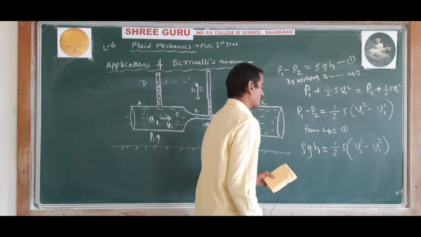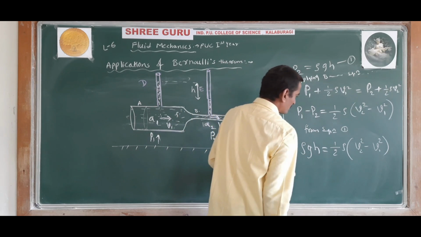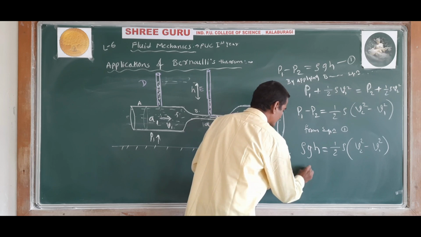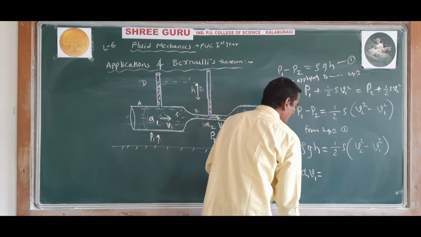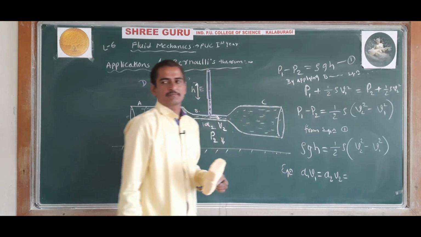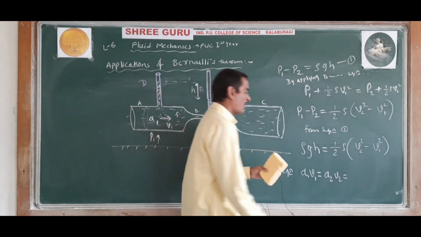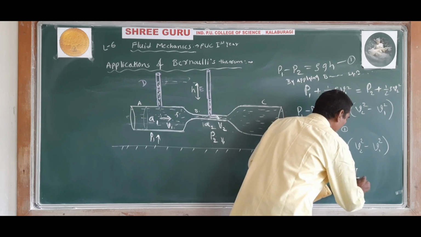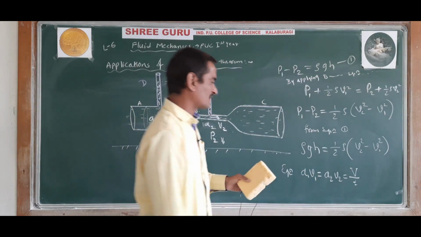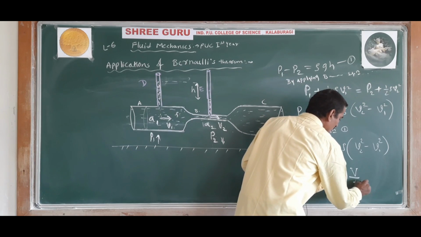Understood? So now further, we know the equation of continuity, which I told you yesterday: A1 V1 is equal to A2 V2, and that gives the volume of liquid flowing per unit time, that is T equal to 1 second.